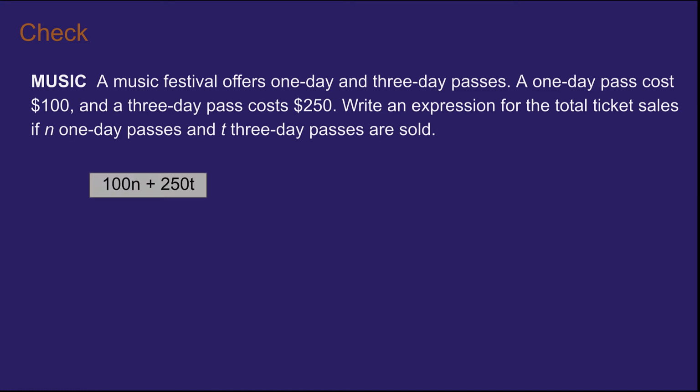You should have got 100N plus 250T. N is the 1-day passes, and the 1-day passes cost $100, so it's 100N. And then the 3-day passes are 250, so 250T. If you're finding total ticket sales, you would add those two things together.